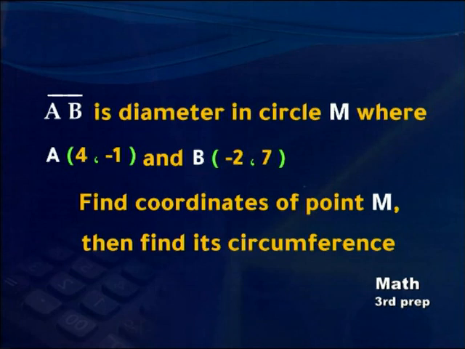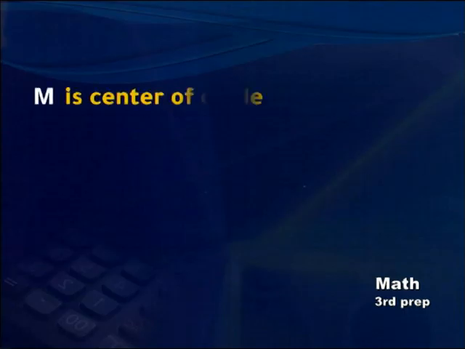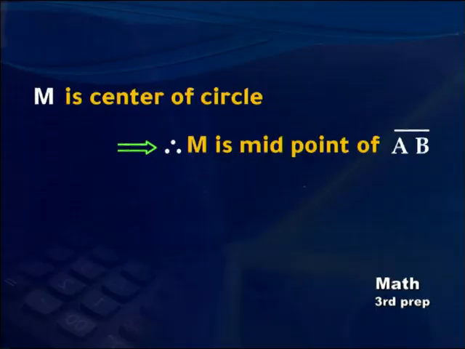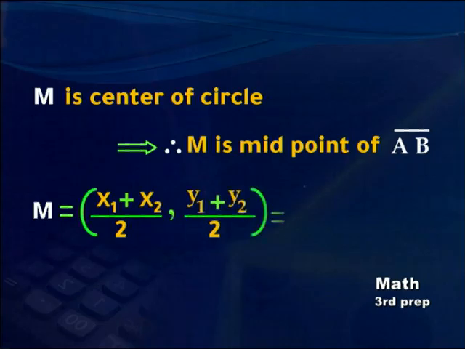First of all, as AB is a diameter of the circle, then M is the center of the circle, so we can say that M is the midpoint of AB. In this case, we can find the coordinates of the point M. As it is the midpoint, M is ((x1 plus x2) over 2, (y1 plus y2) over 2).